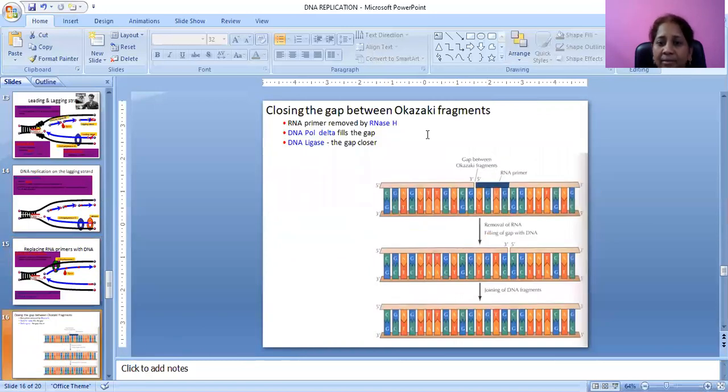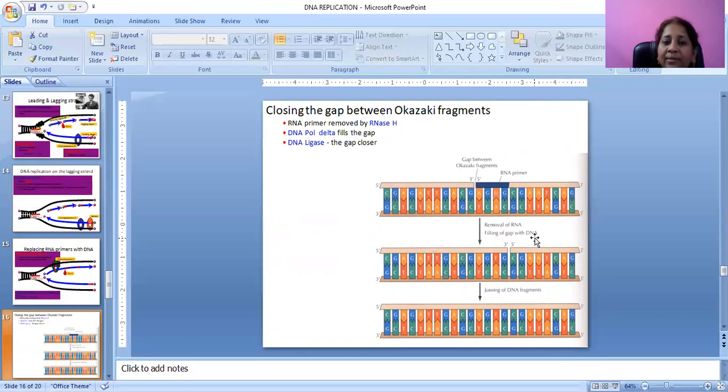Here in this diagram we can clearly see the RNA primer removed by RNase H, leaving gaps between Okazaki fragments. DNA polymerase 1 fills the gap: removal of the RNA primer and filling the gap with DNA nucleotides.